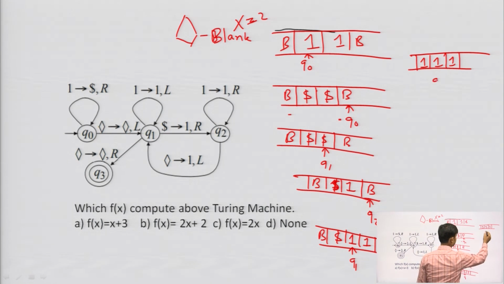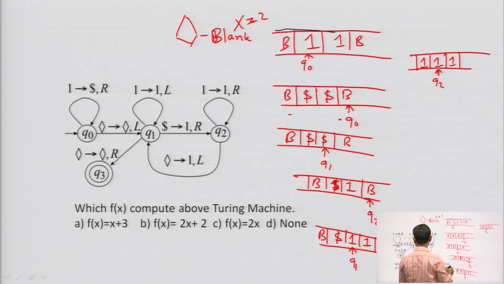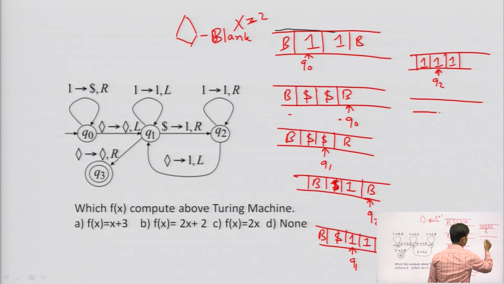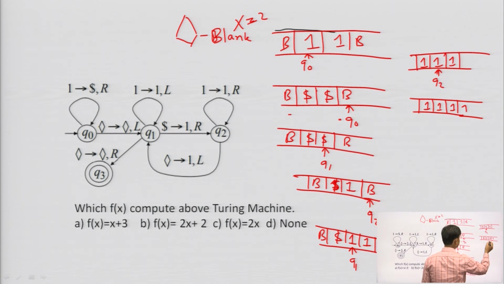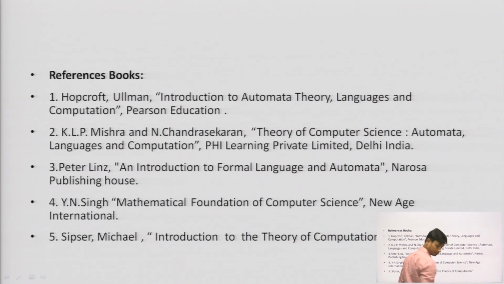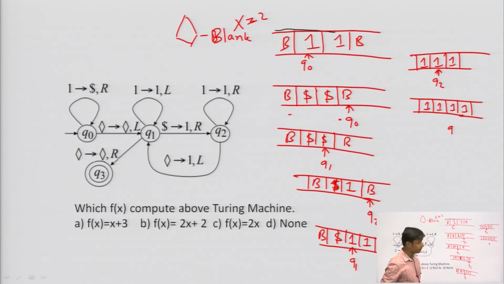Now this is Q2 over 1 1 1 1. When Q2 sees a blank, you make it 1 and Q1 points to this one.